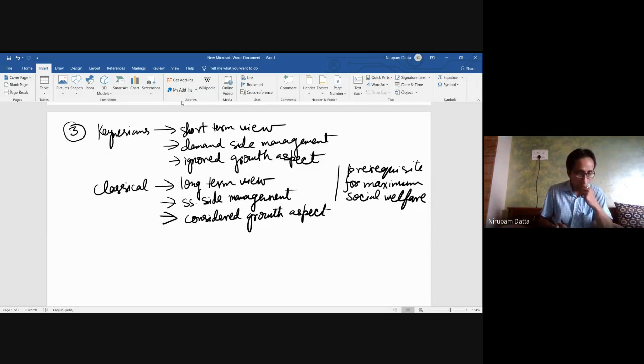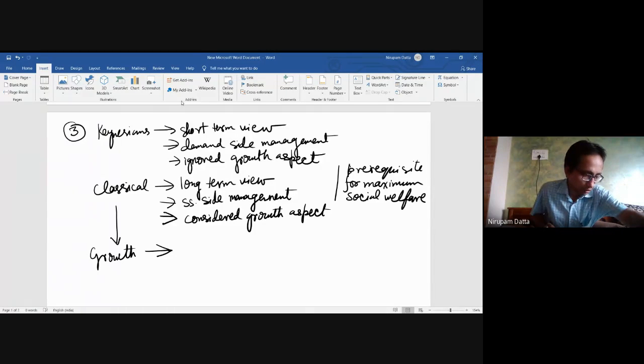Now, following this classical line of thought, there came the growth theorists. What did these growth theories say?